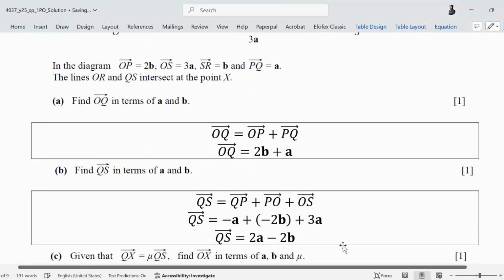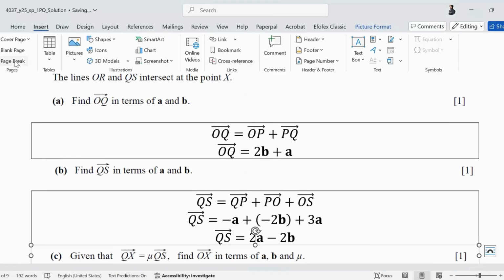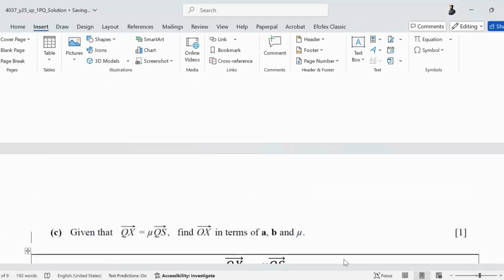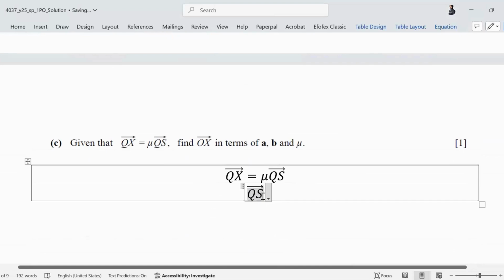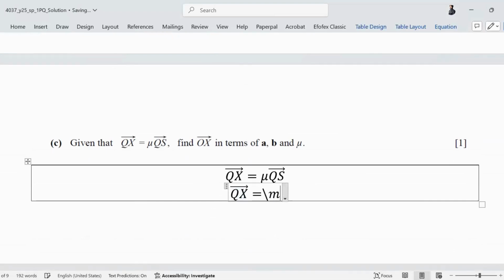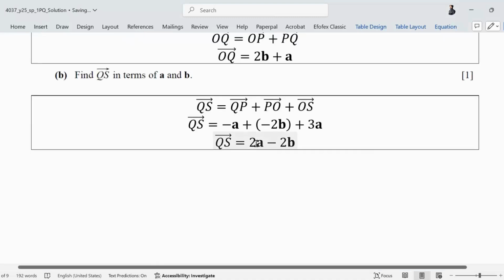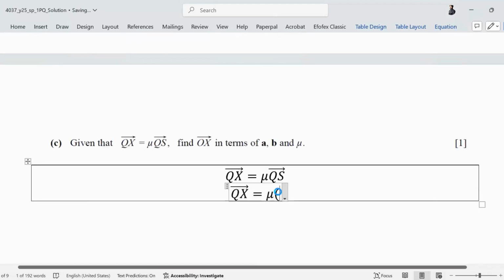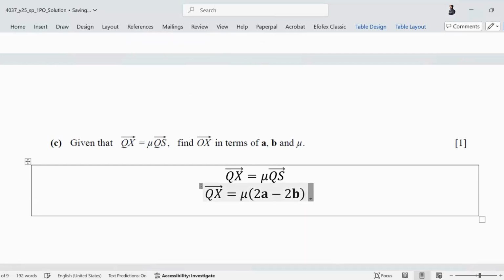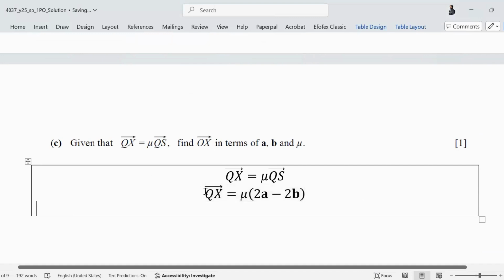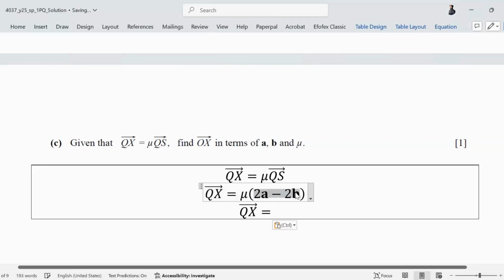So now, if I know that QX is mu times QS, which is 2A minus 2B, I'll be using that. So for QX, just writing it in another way, I can write it as 2 mu A minus 2 mu B. That is QX.